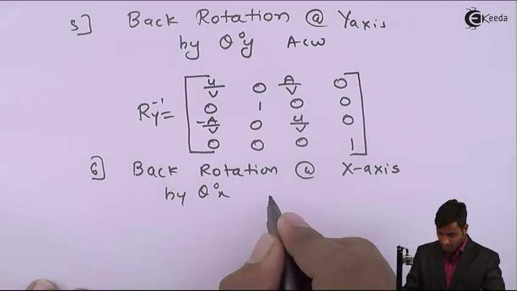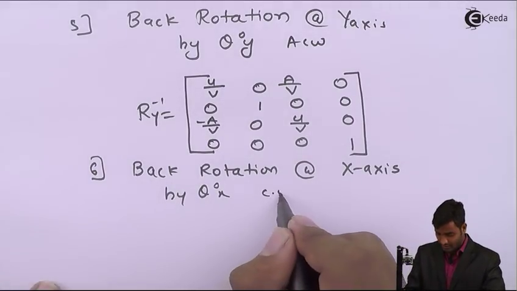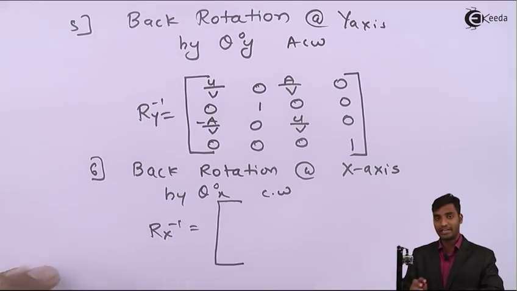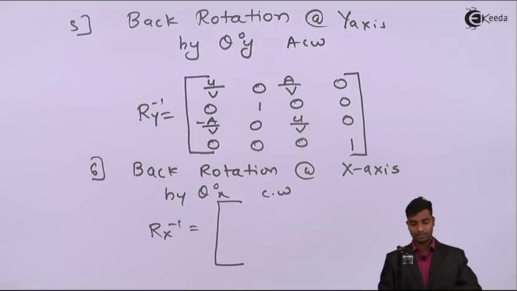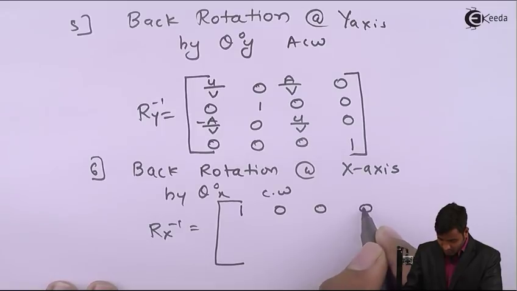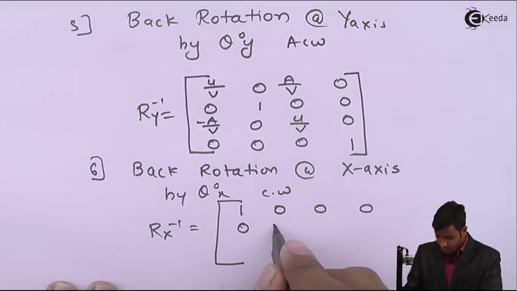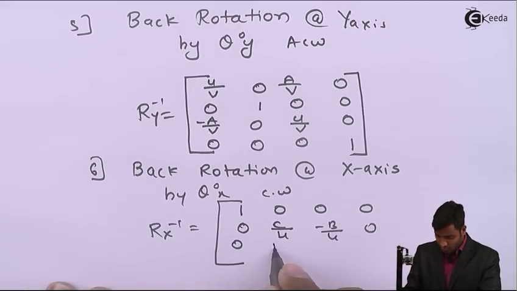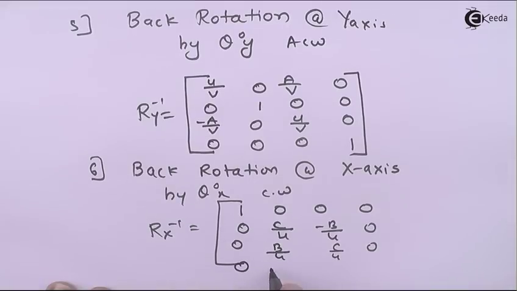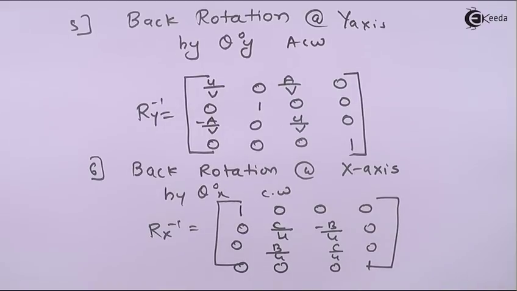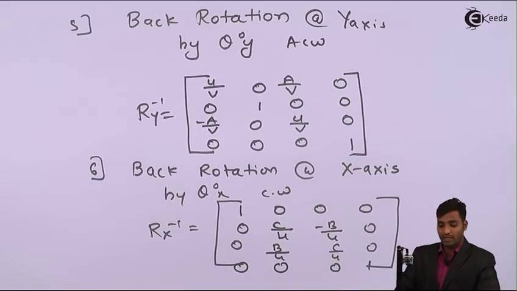Here we will do clockwise rotation, or just write Rx inverse, the inverse of what we originally did before. So Rx inverse will be 1, 0, 0, 0; 0, c by u, minus b by u, 0; 0, b by u, c by u, 0; 0, 0, 0, 1. So this is the matrix for back rotation.